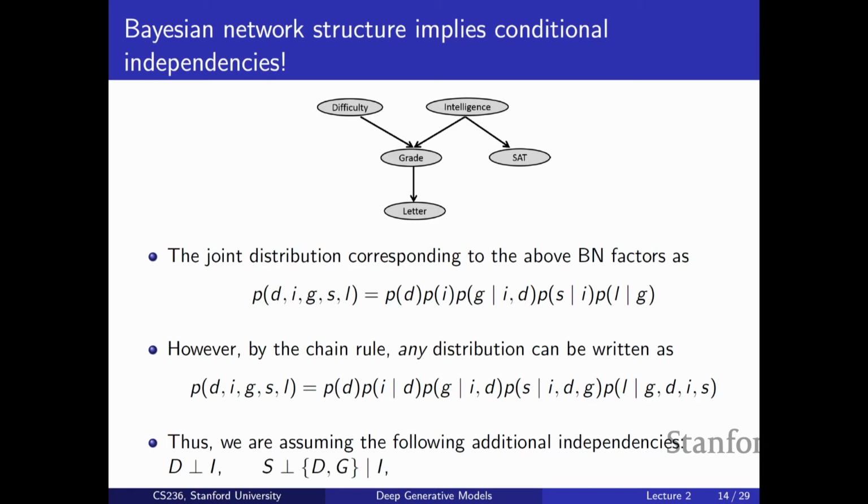And so this factorization basically corresponds to a bunch of conditional independencies. We're saying the difficulty and the intelligence are independent of each other. The SAT score is conditionally independent from the difficulty and the grade given the intelligence, and so forth. And so Bayesian networks are basically a way to simplify complicated distributions based on conditional independence assumptions, which are more reasonable than full independence assumptions.